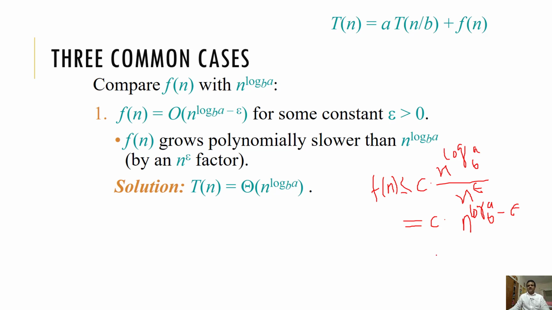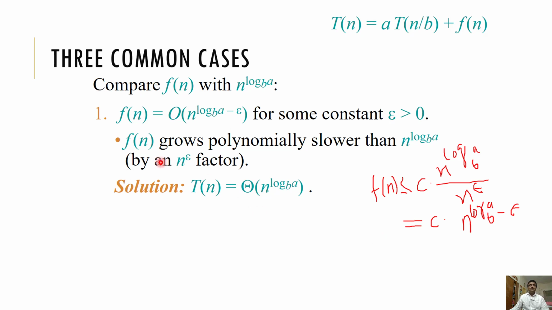That means Fn is less than a constant factor times this term, which is the notation we use for asymptotic notation. If we recall from the first lecture the definition of big O of some g(n), Fn belongs to big O of this.